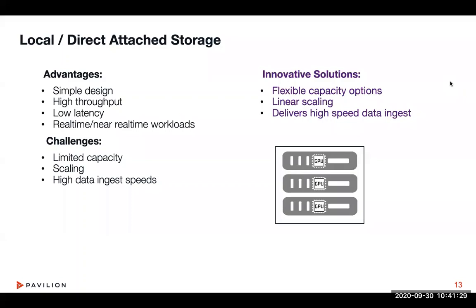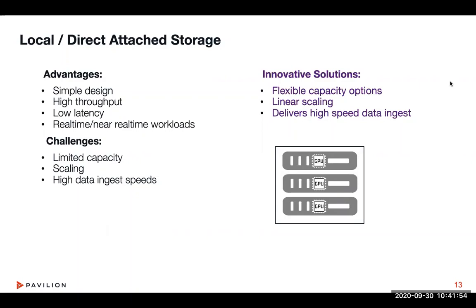Everything becomes easy. It becomes highly scalable. It becomes flexible, but there are still some drawbacks. One of the challenges is, if you need to add capacity, you add another node, which means you're adding compute. If you need to add compute, you're adding another node, which means you're adding capacity, whether you need it or not. So you're going to be spending a lot more on one of those resources that you just don't need.